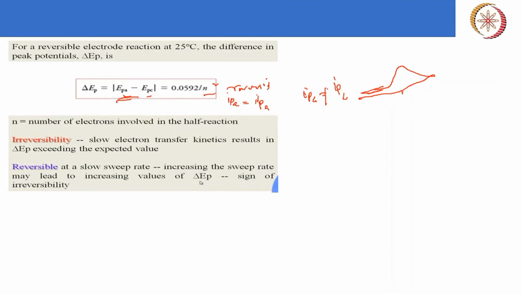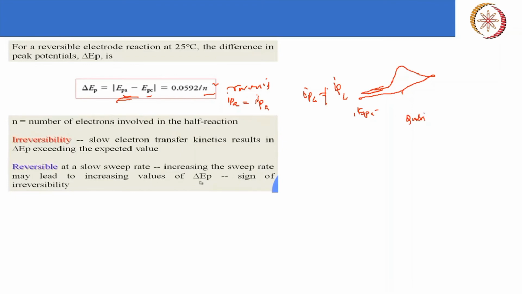As a result, we do not observe any redox peak due to the reverse process. So that is the irreversible process, and in this case the peak potential separation will be quite high.